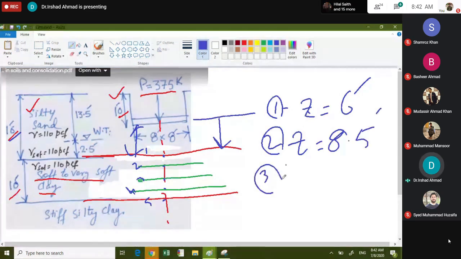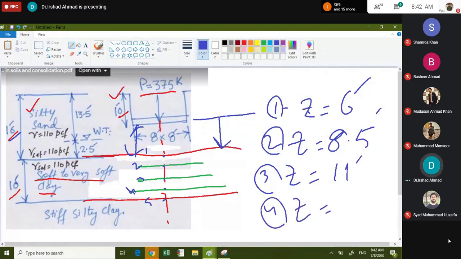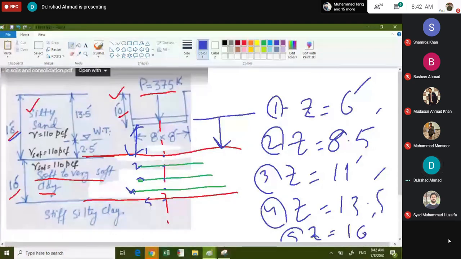For 3, add 2.5, it is 11 feet. At point 4, it is 13.5 feet. And for point 5, this is 16 feet. So we have the Z values 6 feet, 8.5, 11, 13.5, and 16.